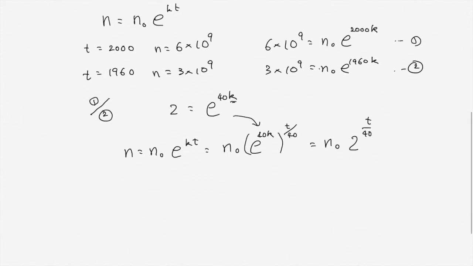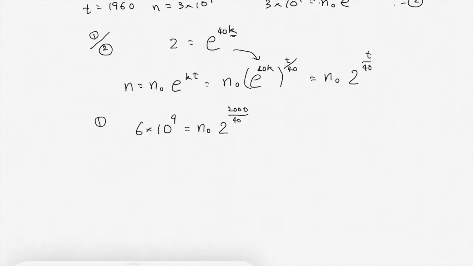Then we can use equation 1 to find n sub 0. 6 times 10 to the 9 equals n sub 0 times 2 to the 2000 over 40. From this equation, we have n sub 0 equals 6 times 10 to the 9 times 2 to the minus 2000 over 40.